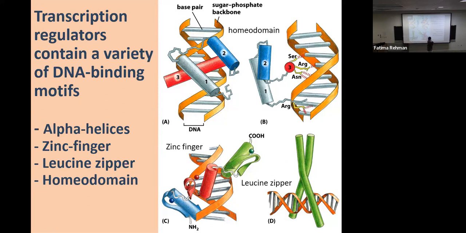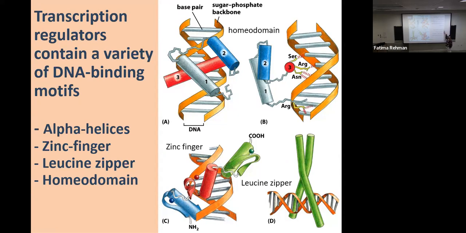So transcription regulators are basically proteins typically, right? These are proteins that have specific motifs, small amino acid sequences, that bind to specific parts of your genome. They're going to match up with specific DNA sequences that they are going to be binding to, and they're going to be affecting that particular portion of the genome. There are a variety of DNA binding motifs present all throughout our protein families.